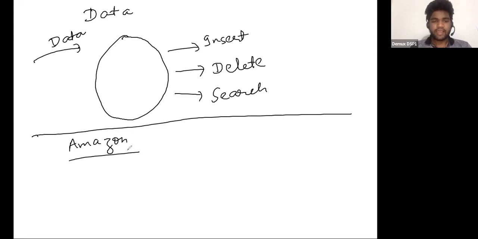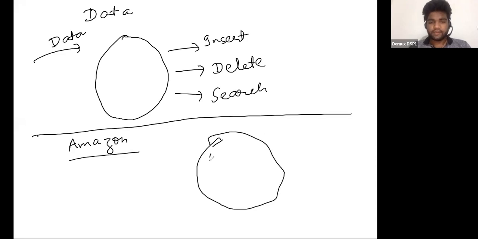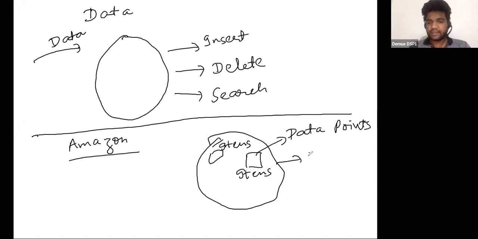Amazon has this entire database of items, right, that it wants to sell, or the items that it displays when you log into Amazon and when you are browsing through the categories. So these items are nothing but data points. And what does Amazon do? Amazon stores this data, correct?